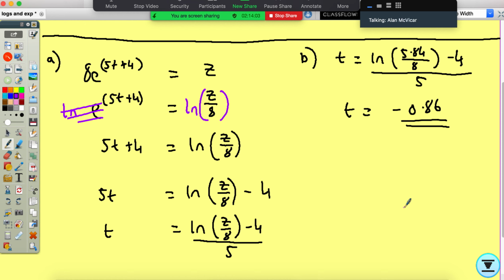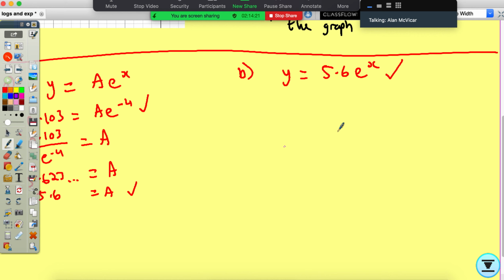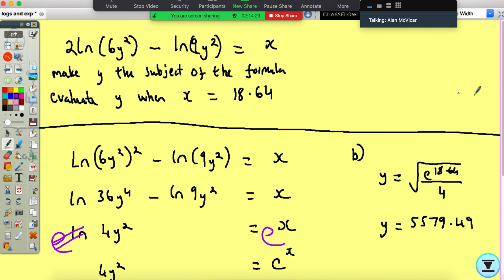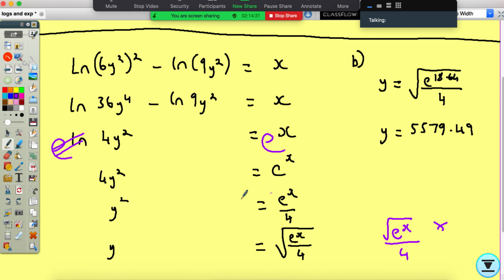Okay, so hopefully you got that. Has anyone got any questions about that one? Are we alright? So, first question is the graphs question. We've got a to be 5.6 and y equals 5.6e to the power of x. Then 2, I got y equals the square root, and make sure the square root goes around everything, of e to the power of x over 4.